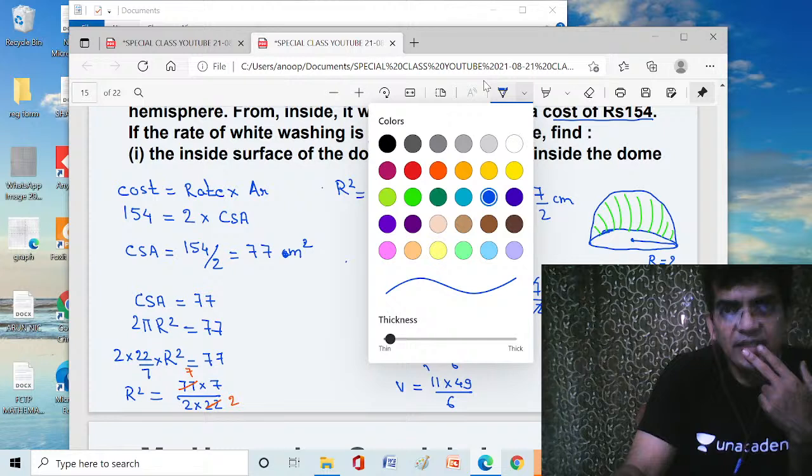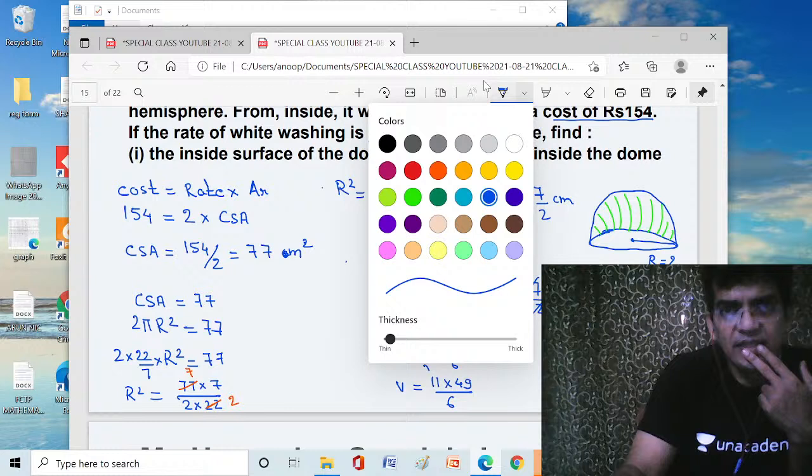Now if they ask you to calculate the area of four walls, only the lateral surface, twice length plus breadth into height. This is the formula for the area of four walls.